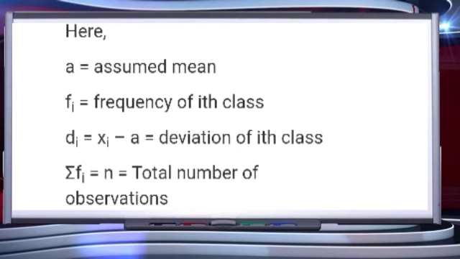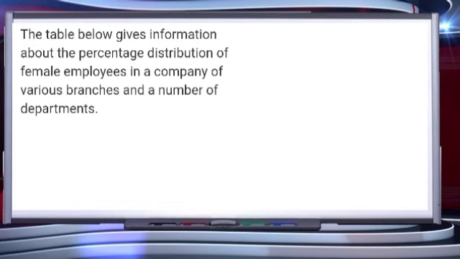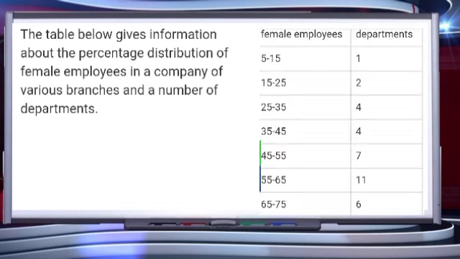Now we will understand the whole concept of calculating the assumed mean with the help of an example. The table given below gives the information about the percentage distribution of female employees in a company of various branches and a number of departments. So the table given to us is the female employees and the departments. 5 to 15 female employees were in one department, 15 to 25 in two departments.